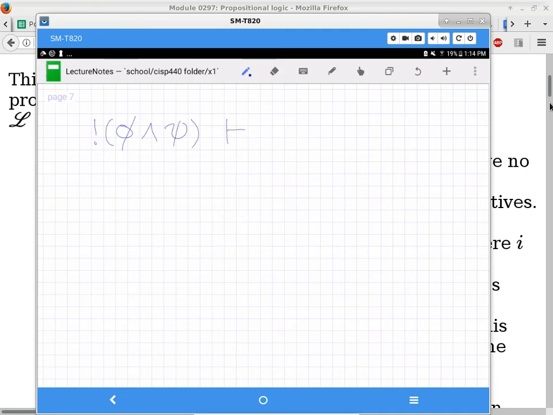So what we are linking it to would be the negation of phi or the negation of psi. That's one side of De Morgan's law, but I'm only using De Morgan's law as an example. So it's a pattern matching thing.